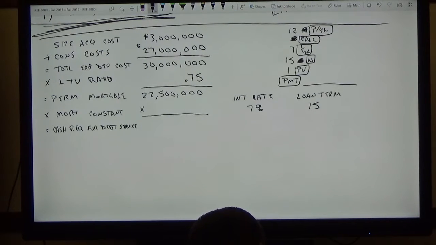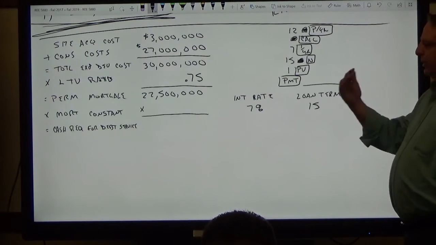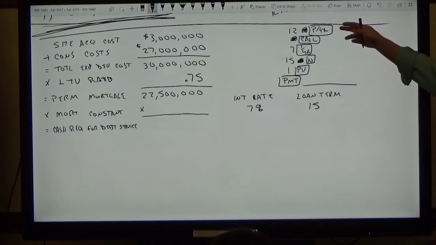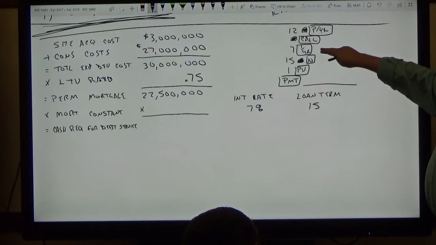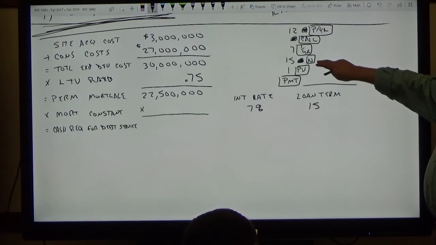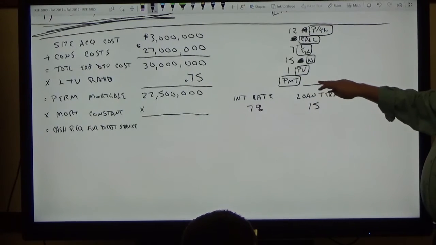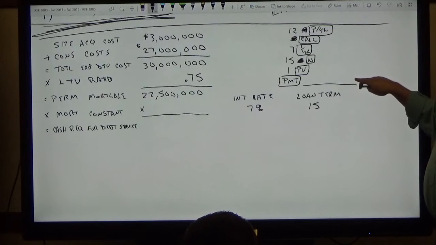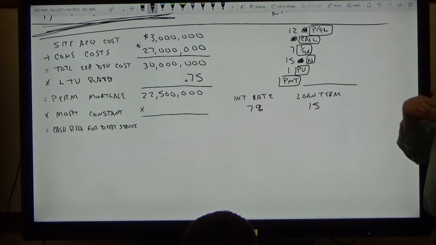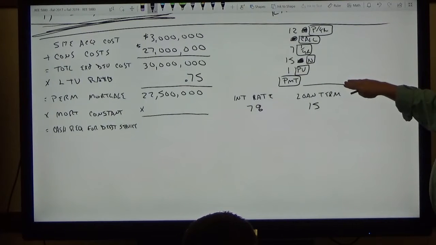And so they came up with this whole thing of the mortgage constant. What it basically boils down to is, as long as you've got the interest rate and the term, and you're using $1 as your loan amount, then whatever you get as your payment is, in essence, what we're calling the mortgage loan constant, or in this case the monthly mortgage constant.